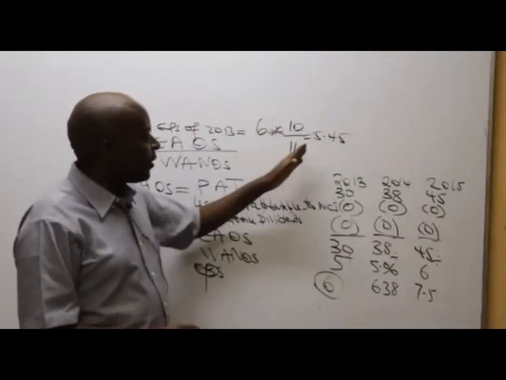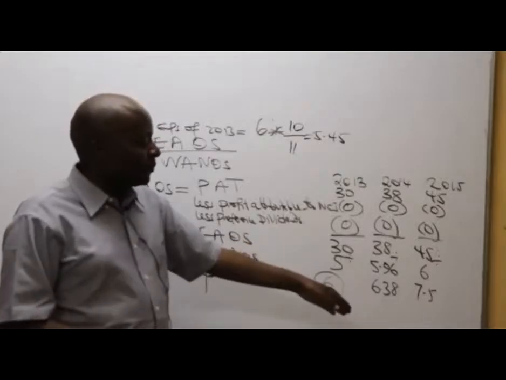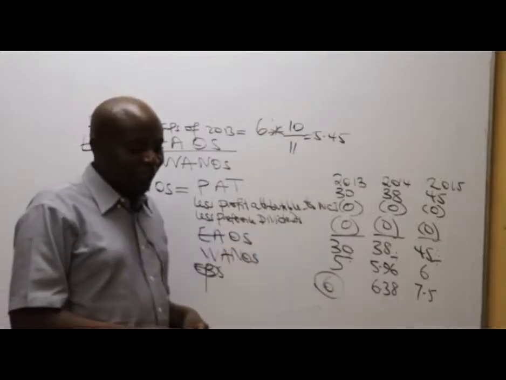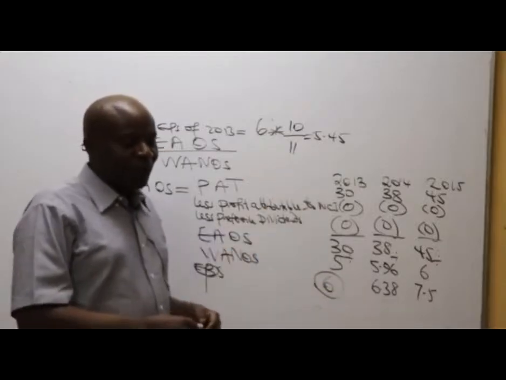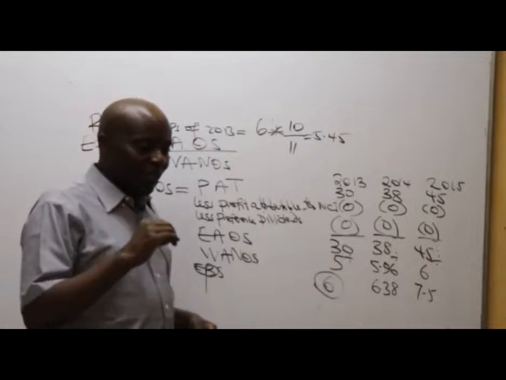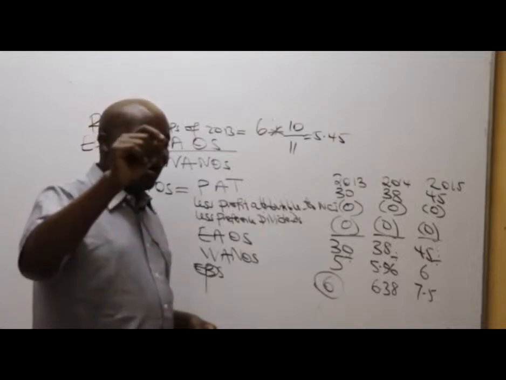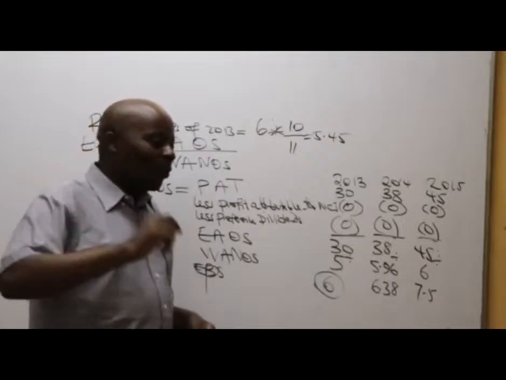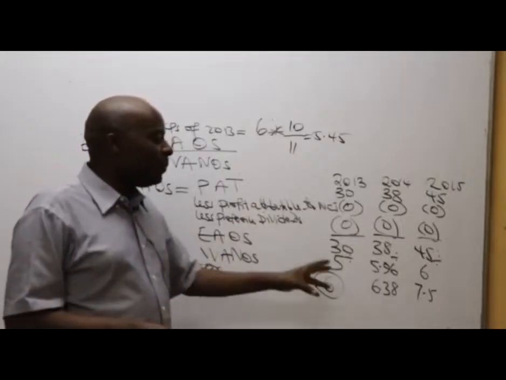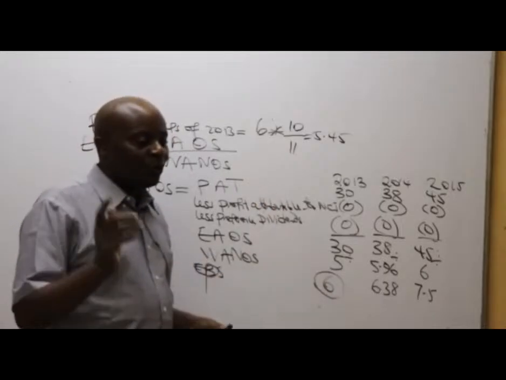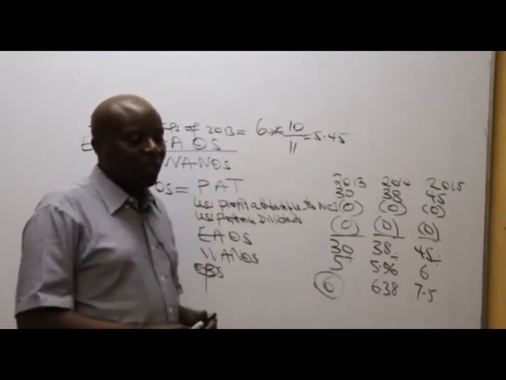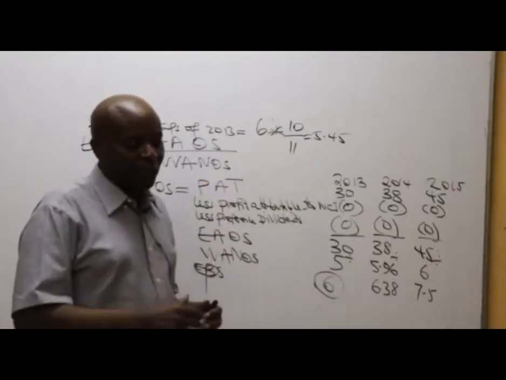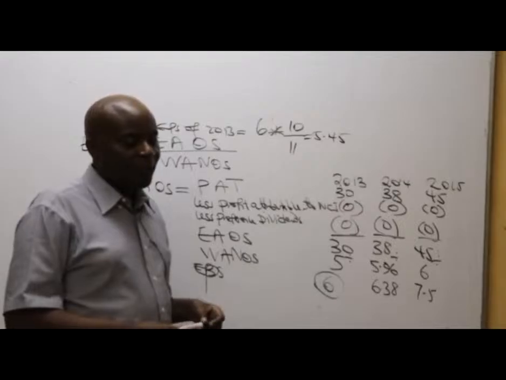Because now I'm comparing 5.45, from 5.45 we went to 6.38, went to 7.5. So the comment that you're putting there is that this company's performance is superb. Any CEO who is able to increase their EPS like this should earn huge perquisites in the form of bonuses.